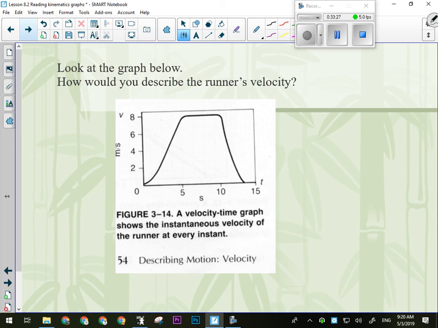Now if they were going backwards, I would have to extend the graph down into the negatives, and then this line would go like that. So it would be like I'm running, and then I hit a bungee cord. So I slow down, and then start moving backwards. And then yeah, my graph would go into the negatives, because I would actually be moving with a negative velocity going backwards.